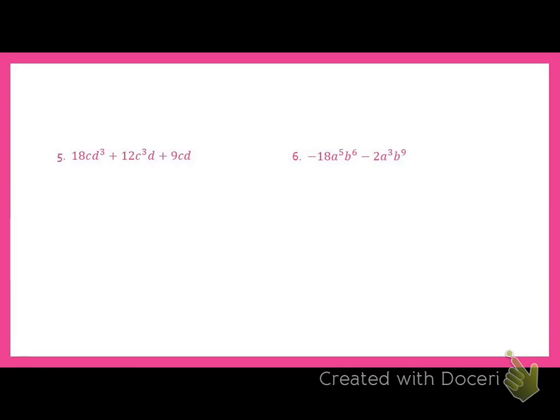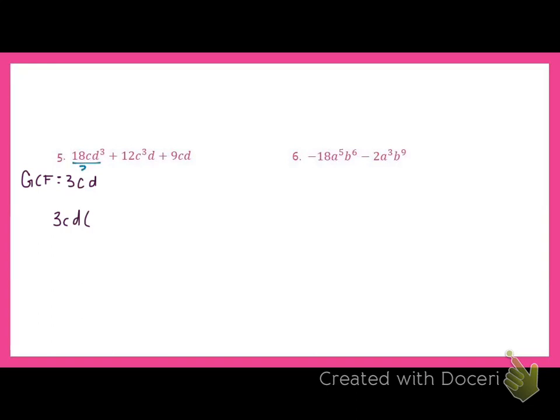Okay. Grace, what is my GCF of number 5? 3. We cannot take a 9 out of 12, so we have to forfeit that. How many C's? 1 and how many D's? So 3CD.